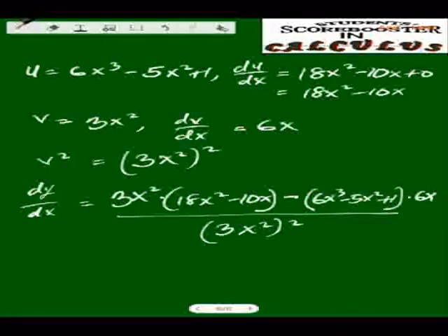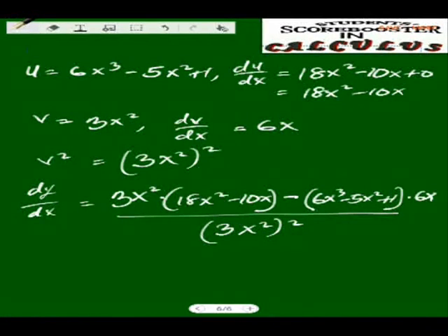You should be very careful and don't make the mistake of squaring only x. It is x squared and 3 squared, so be careful.